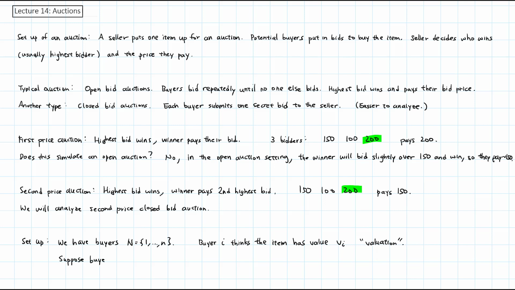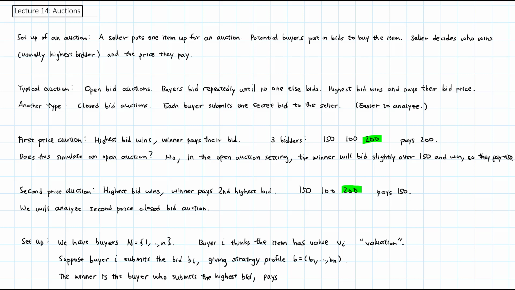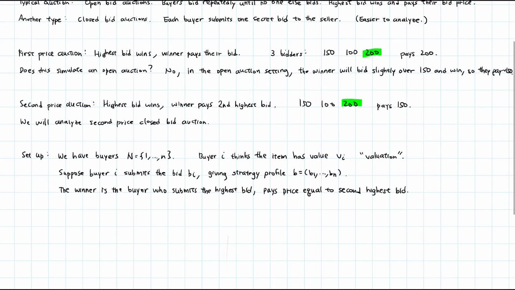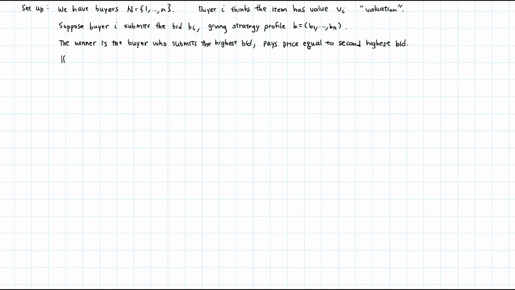Now suppose buyer i submits the bid b_i, giving strategy profile b. The winner is the buyer who submits the highest bid and pays the price equal to the second highest bid. If there is a tie, then the winner is the buyer with the lowest index i among all tied buyers.